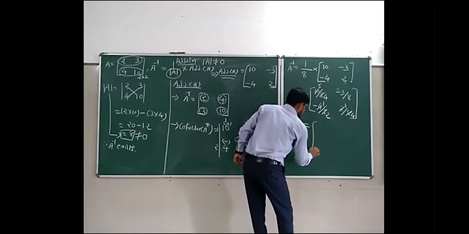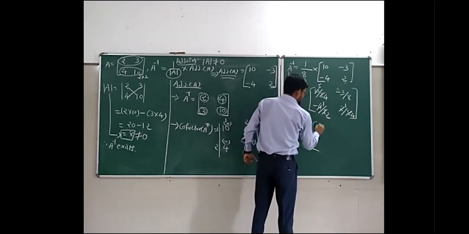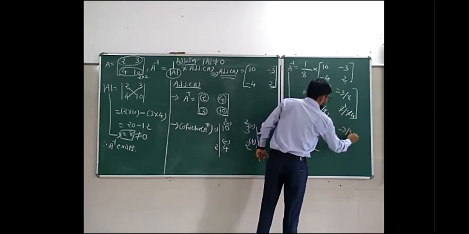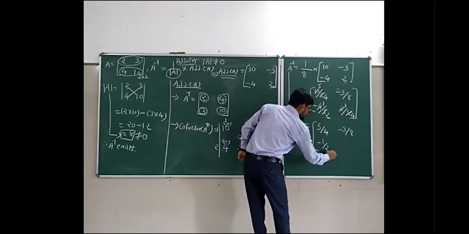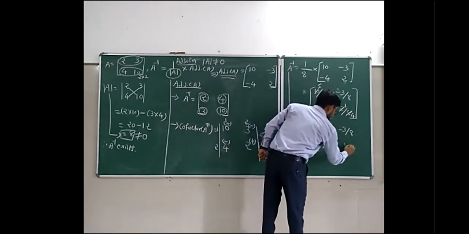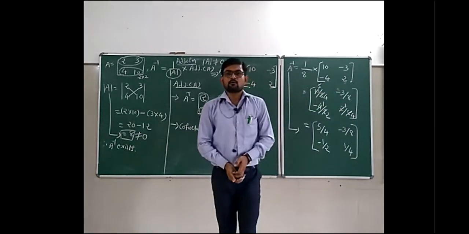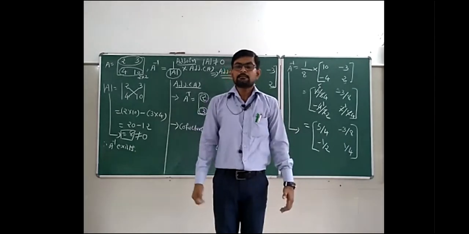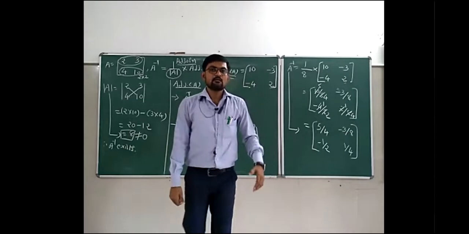So finally, the answer of A inverse is 5 by 4, minus 3 by 8, here minus 1 by 2 and here 1 by 4. So this is the answer of A inverse. I hope it is clear to you all. Okay, so please write down, then we'll solve another question.